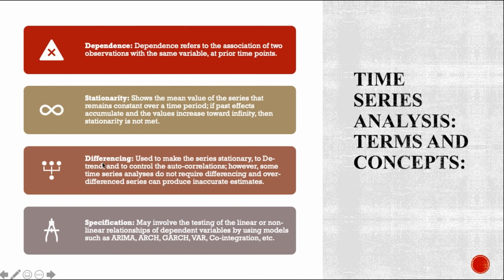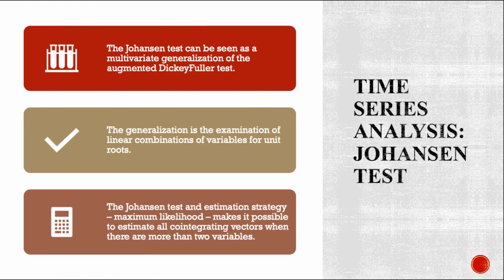After we do differencing to get stationarity, we check the specification. It may involve testing a linear or nonlinear relationship of a dependent variable using models like ARIMA, ARCH, GARCH, VAR, co-integration, and so on. Take the Johansen test, for example, co-integration of Johansen.